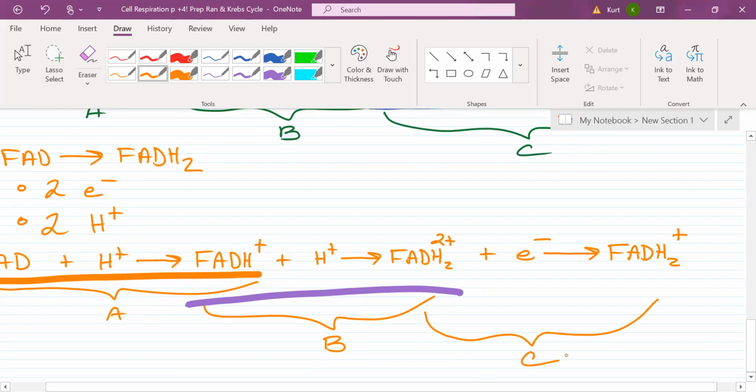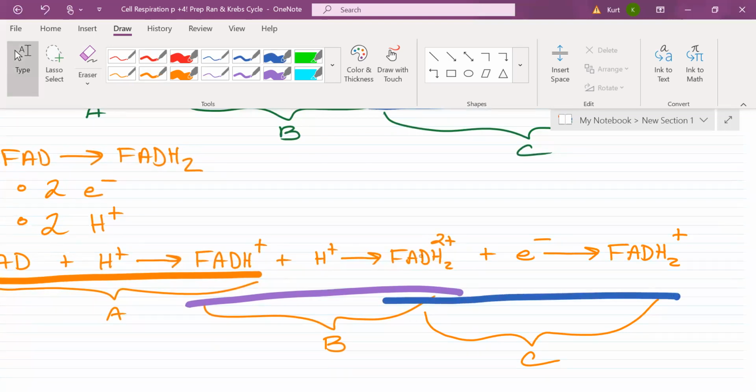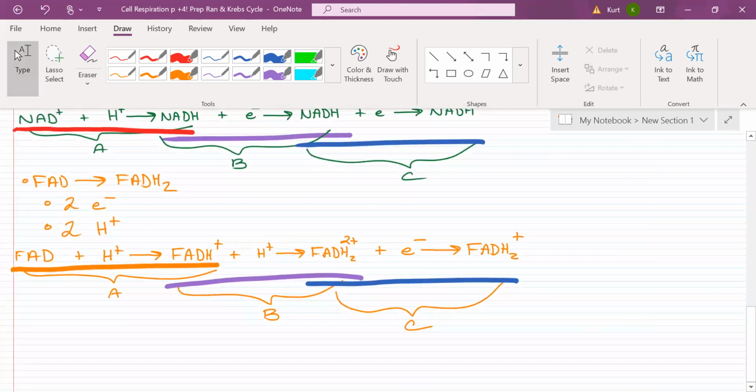This is going to be reaction C. And then lastly, you add 1 more electron to it, and it's going to be FADH2 with no charge. It is neutral. This will be reaction D.